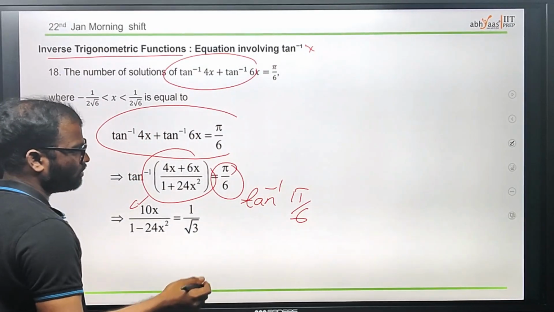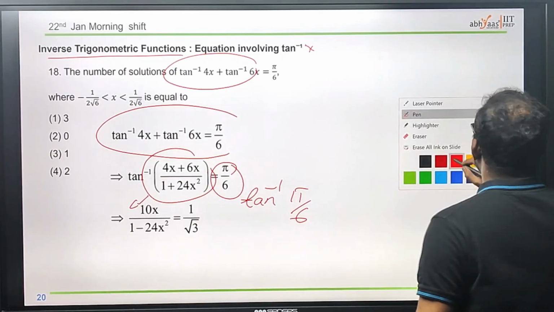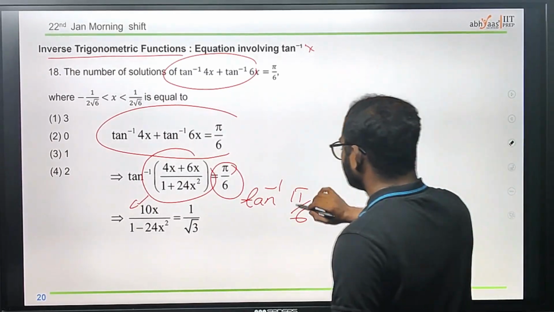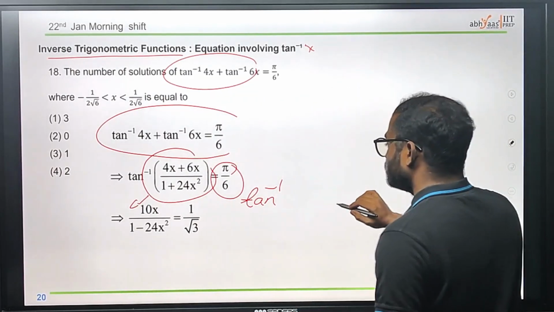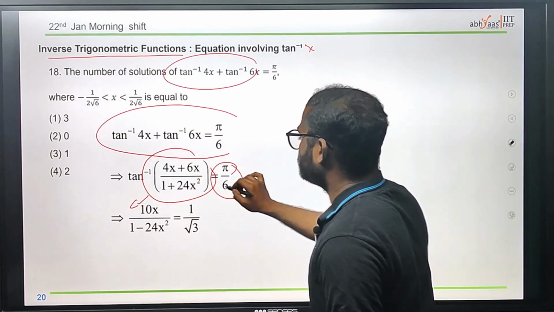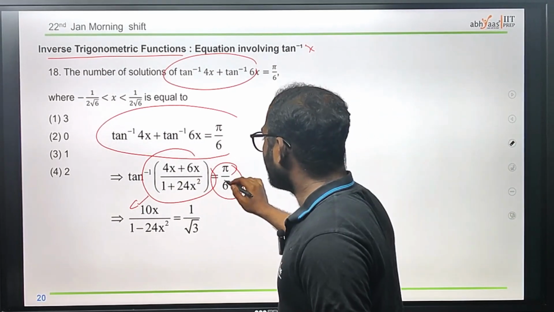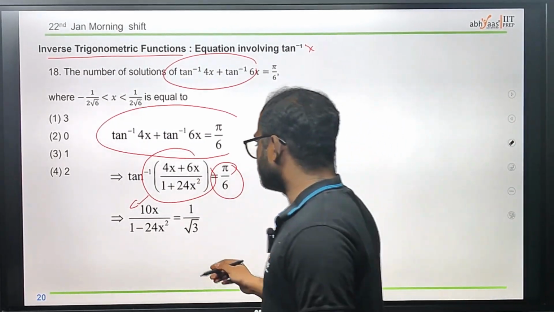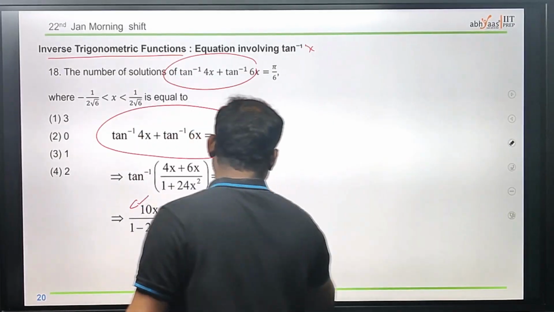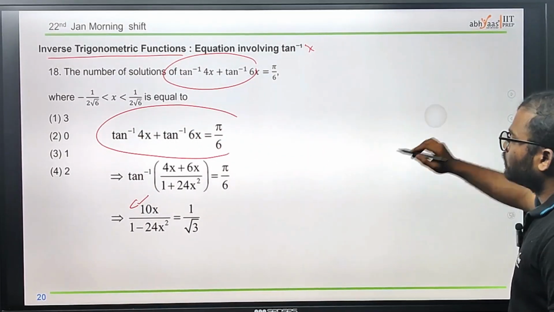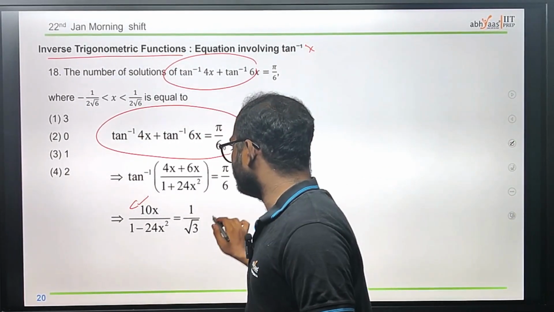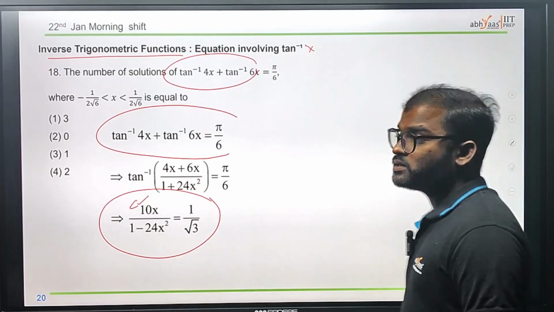Since we can take the tan on this side, we can easily find that tan of pi by 6 is given as 1 by root 3. Then we can easily solve it. If we observe, we will get a quadratic equation from this.